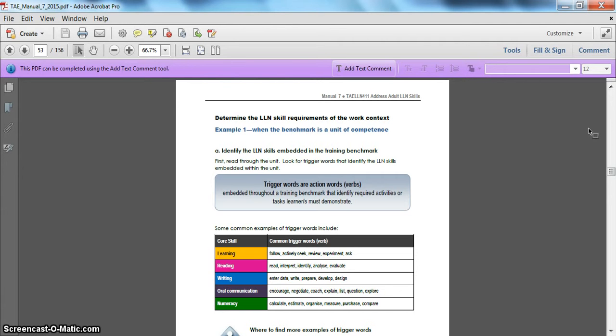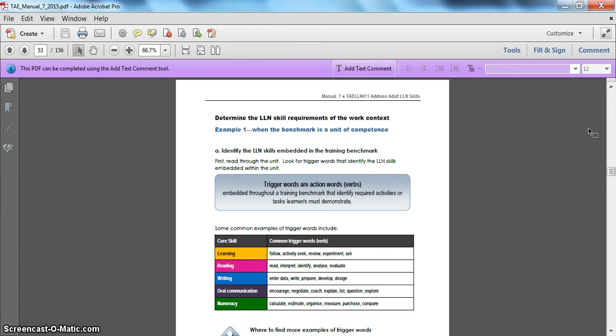So we're going to look at a unit of competency and we're going to look for keywords that indicate the core skills, such as for learning, we're going to be looking at follow, actively seek, review, experiment or ask. For writing, we're going to be looking for words like writing or prepare, develop, design, report.